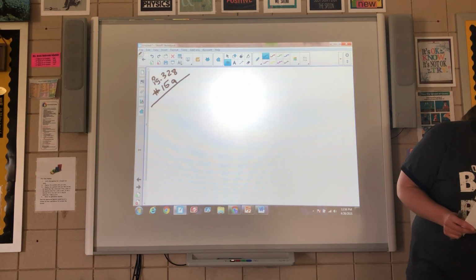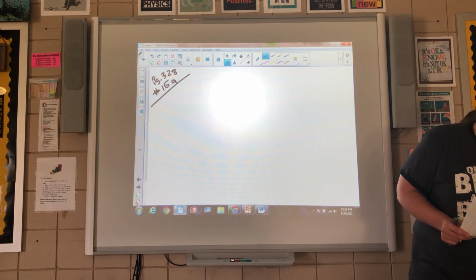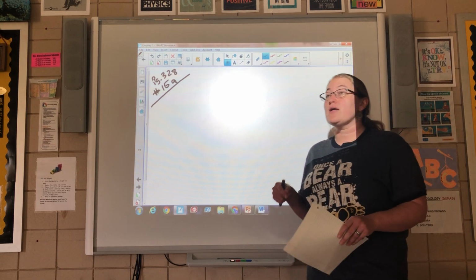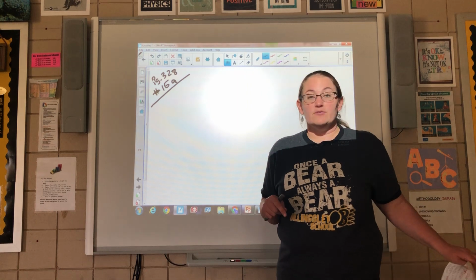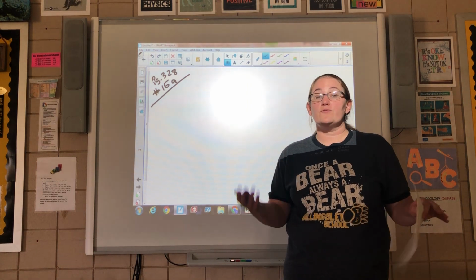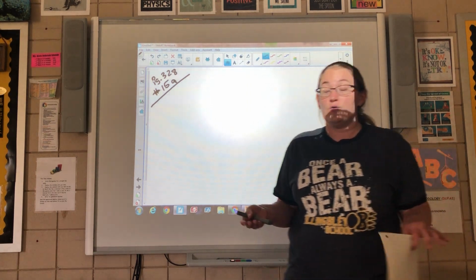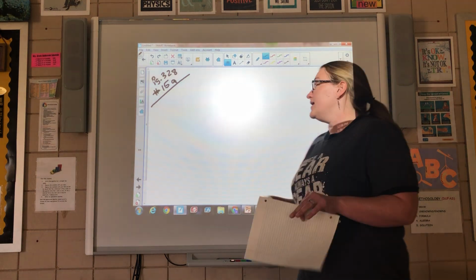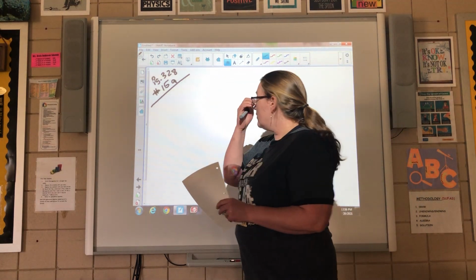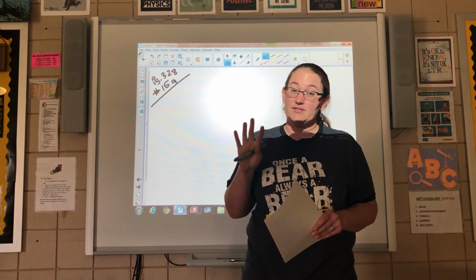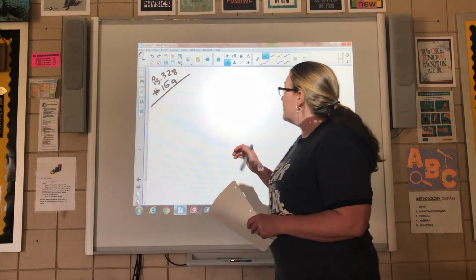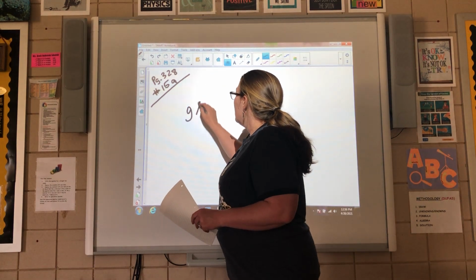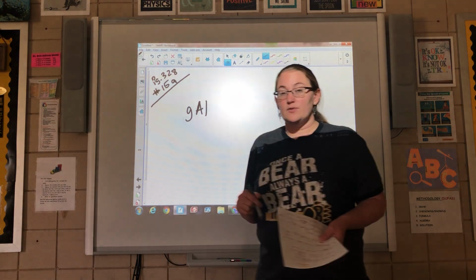15A says 3.57 moles of aluminum. So I want to know how many grams are in that many moles of aluminum. Well, I have to look for a conversion factor, which is something I know. What's an equality that I know? Well, I know that I need grams on top because it says determine the mass. And so, what do I know about grams of aluminum?